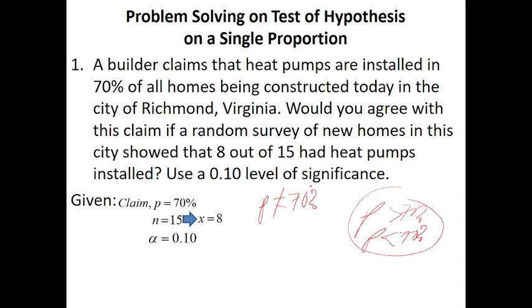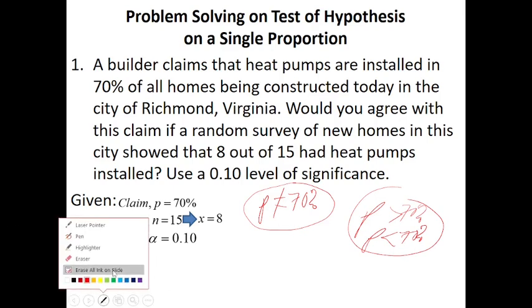Considering both, we're going to apply the two-tailed test. p not equal to 70%. Okay, so we now proceed. So p is not equal to 0.70 as our alternative hypothesis.